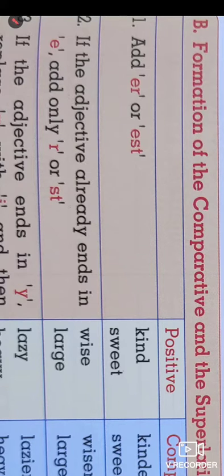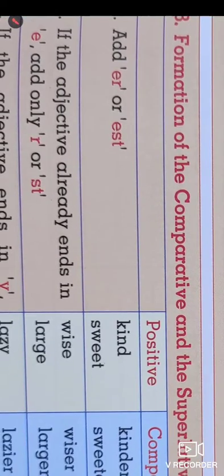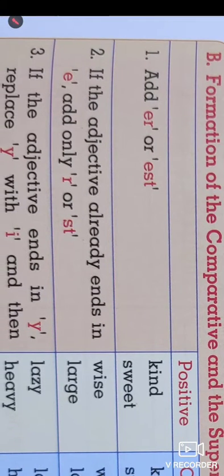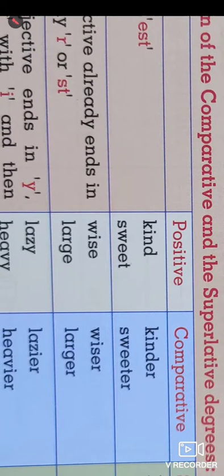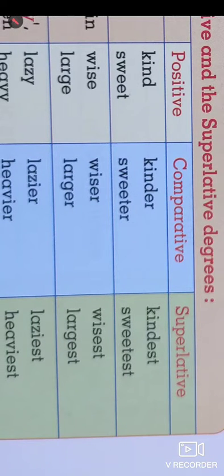These suffixes are added to the adjective. In the first horizontal column there is er and est, which we just saw in the dog case. The positive adjectives are kind and sweet. In the comparative they become kinder and sweeter, and in the superlative degree they become kindest and sweetest.